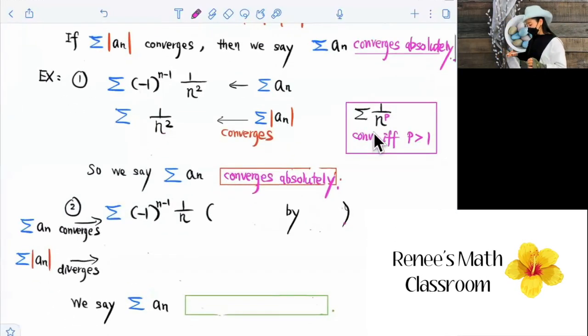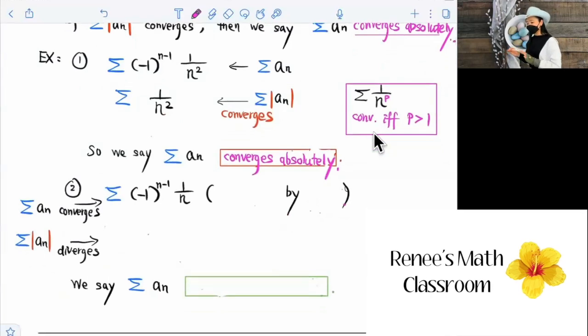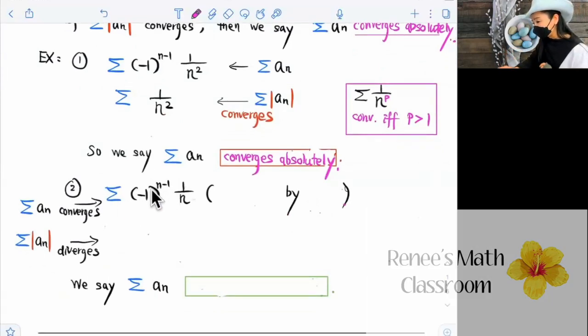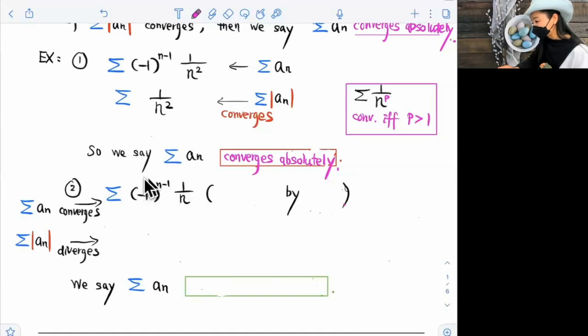Okay. Now let's look at another example. This series here is an alternating series. Does it converge or diverge? Without the alternating sign, what kind of series do you get? It's a harmonic series.